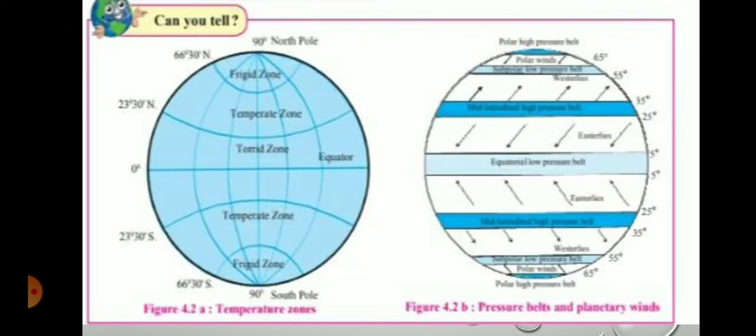So here I have a diagram: pressure belts and planetary winds, temperature zones.